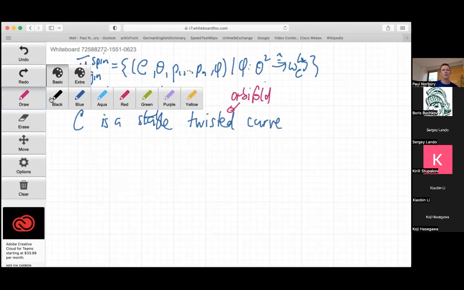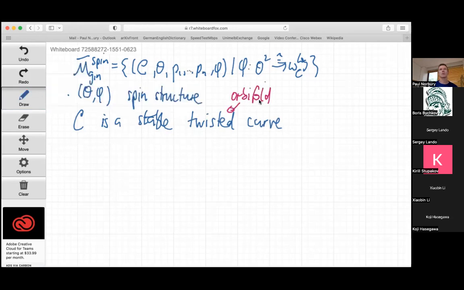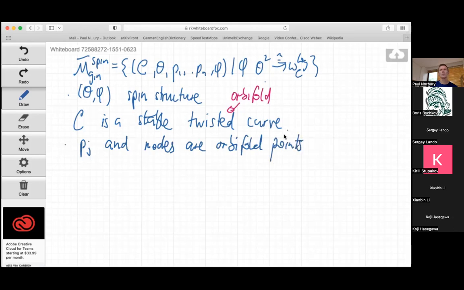And the isotropy subgroup is Z2, where all the labeled points and nodes are orbifold points, with isotropy subgroup Z2.